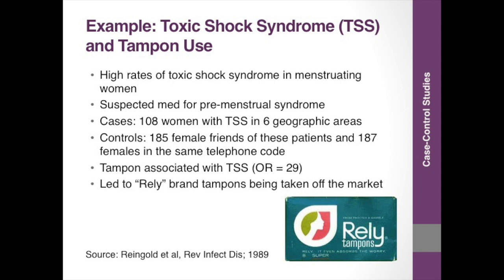However, some investigators in 1989 assembled a group of cases with TSS in 6 geographic areas and compared this group with controls of 185 female friends and 187 females in the same telephone code.